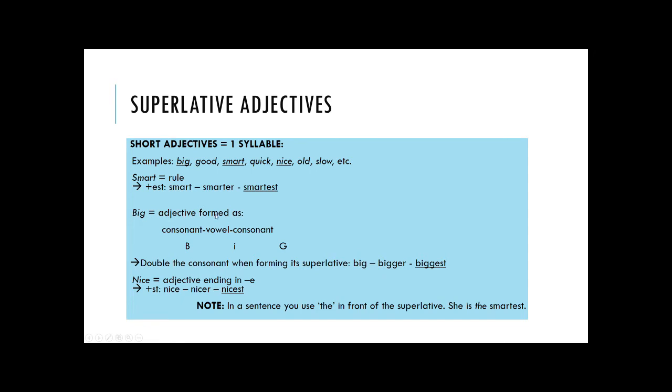The same, if the adjective has consonant, vowel, consonant, like big, you have to double the last consonant: big, bigger, biggest, right? Always, guys, check this note. In a sentence, you use the article "the" in front of the superlative to make it superlative. It's mandatory to use the article "the", right?